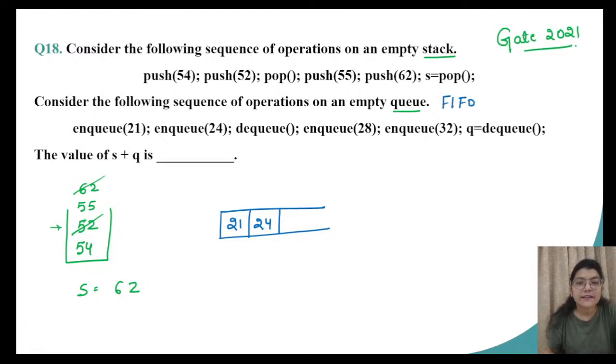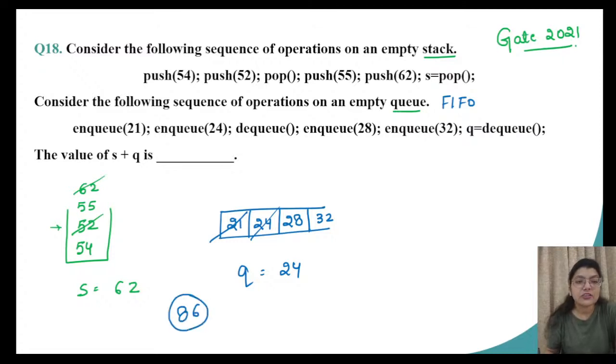So I am inserting 21 first, so I'll exit 21. Then I have NQ, so NQ will be from here. Then I have NQ 32 here, and then Q is equal to DQ. So the next element that will be deleted is your 24. So Q will be equal to 24. And what is the value of S plus Q? That will come out to be 86.